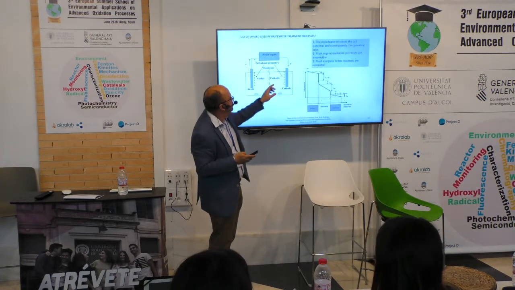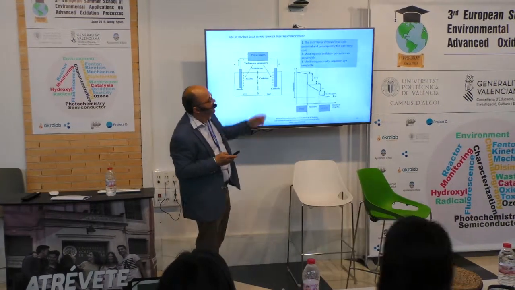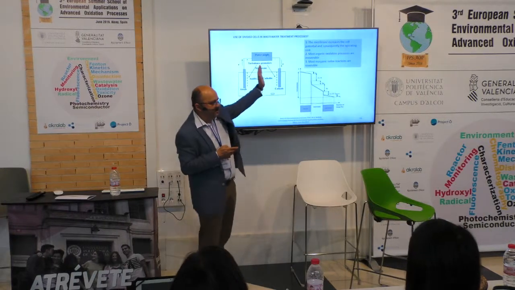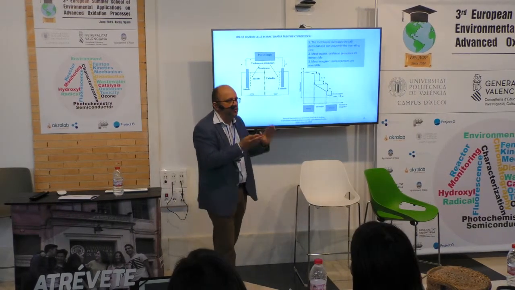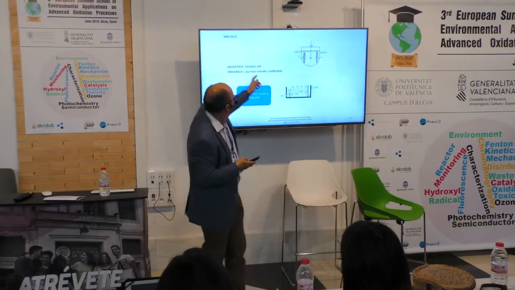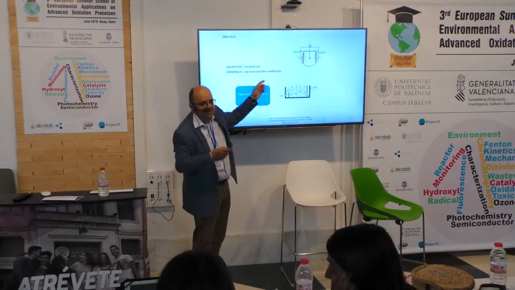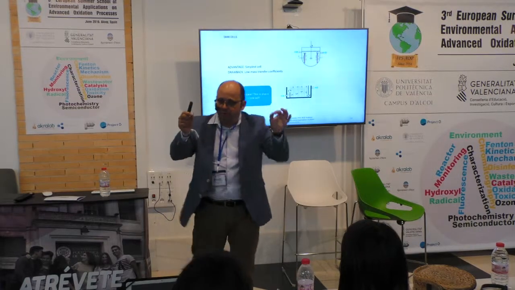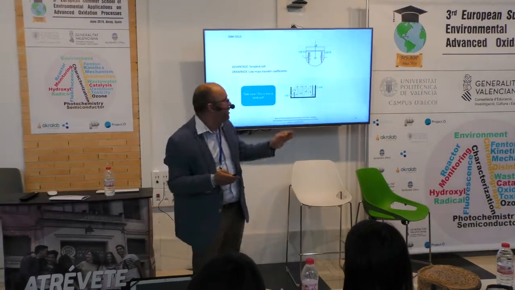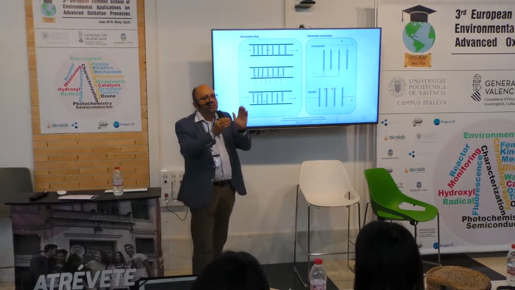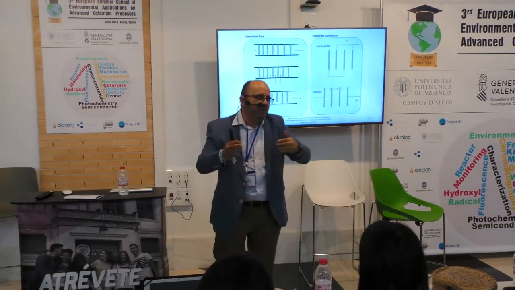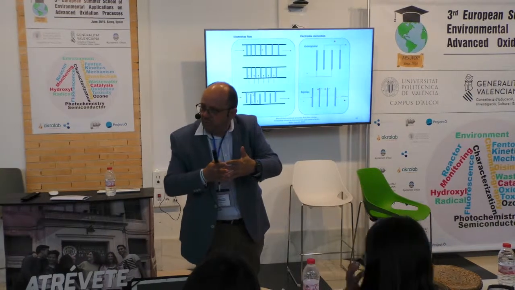And commercially, you can find divided cells, in which you can separate what happens in the anode and in the cathode by a membrane, to tank cells, that is simply a tank in which you place your electrodes. Or you can use your electrodes to make compartments in the cell. Or you can use cross-flow electrodes.